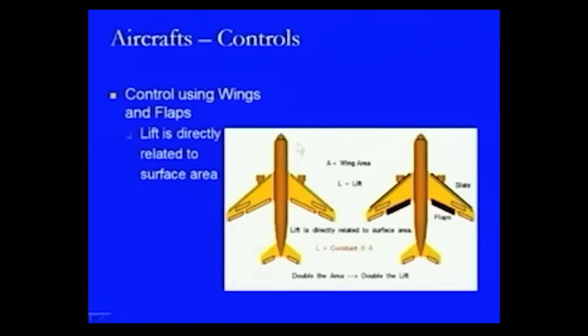So, the separation of the air with respect to this round surface is more, and it will keep moving like a bullet within the air medium, whereas the pressure will get exerted on these surfaces. If A is the wing area and L is the lift, then this lift is directly proportional to the surface area.